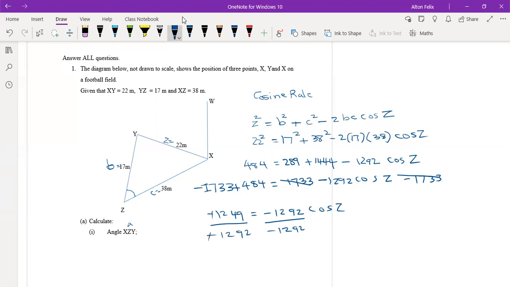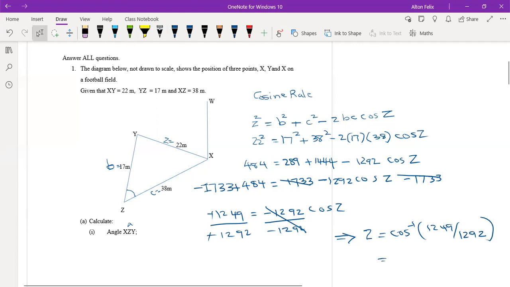This will cancel out. Right, so Z now would be cos inverse of 1249 over 1292. Okay, so let's calculate that.